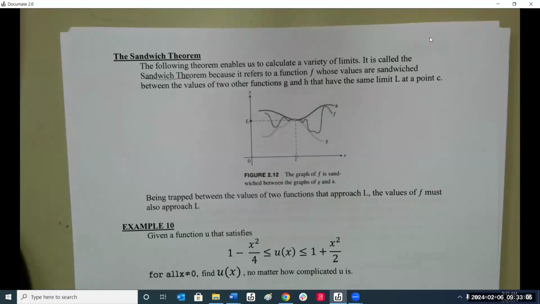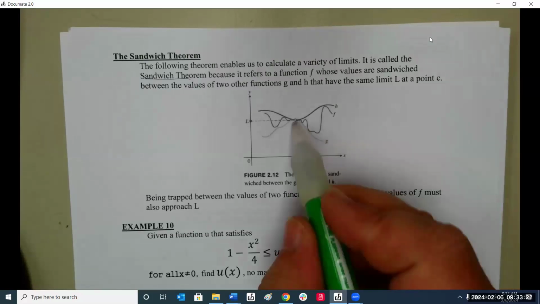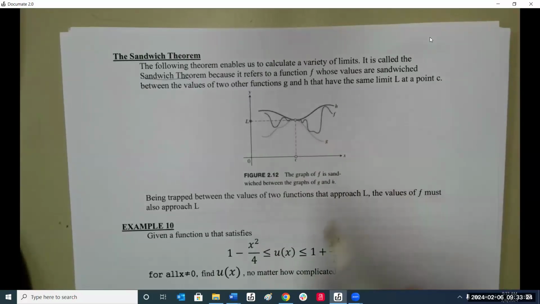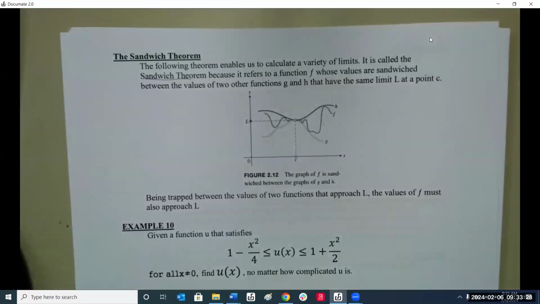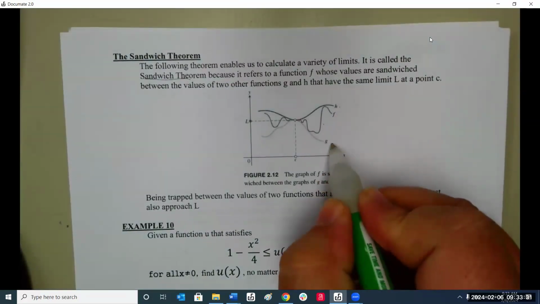You have a function f of x, but you don't know what happens to it. But we have two other ones that we do know what happens to them at a certain point. And because that middle value is right between them, whatever they go to, that one has to go to. So that's what the sandwich theorem is saying here. We don't know what happens to f of x. You see, notice how squirrely it is? But we do know h and g.